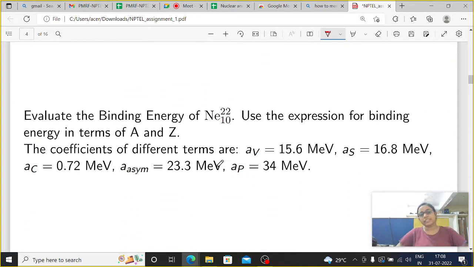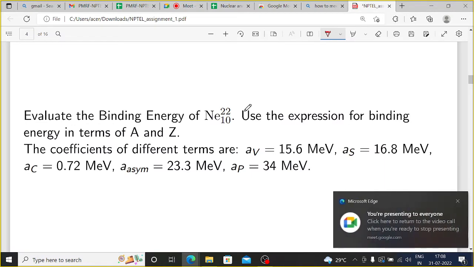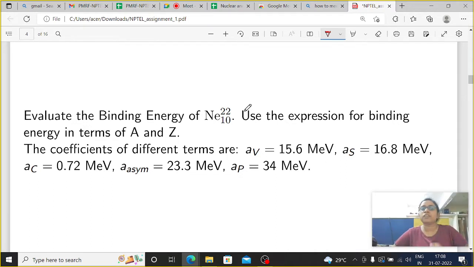The next question is, evaluate the binding energy of neon 10,22. So we have to evaluate the binding energy of neon 10,22, and here for calculating it, we have to use the expression for binding energy in terms of A and Z. And in the question also, the coefficients of different terms are given, like AV, AS, AC, A asymmetry and AP.